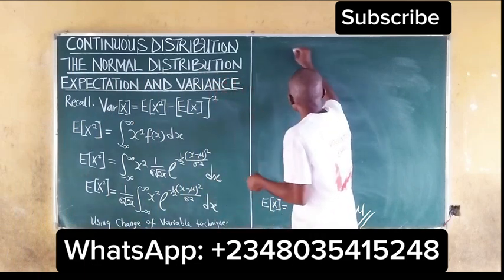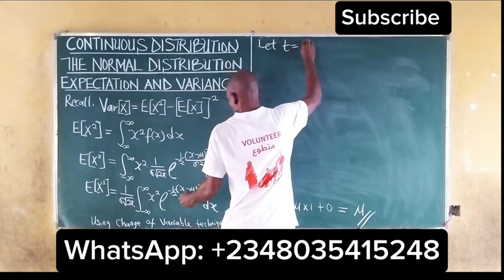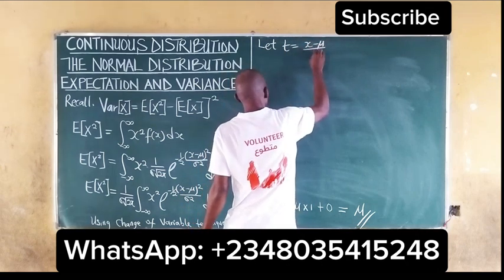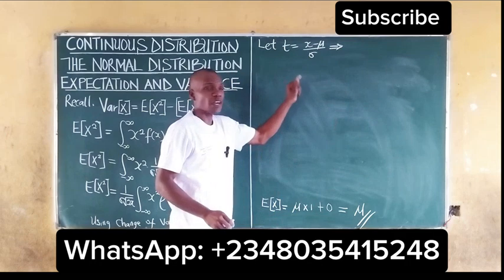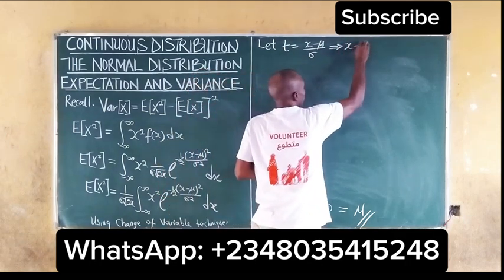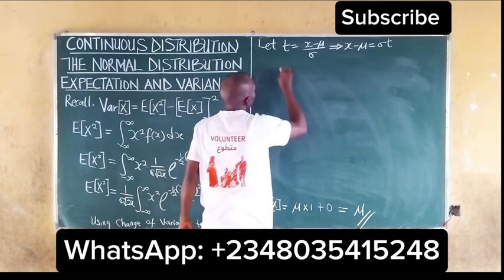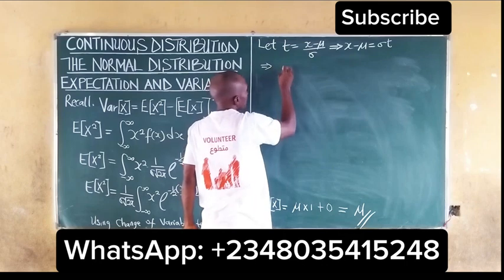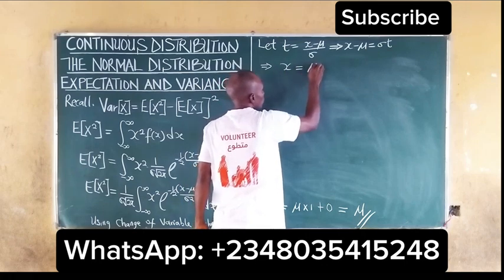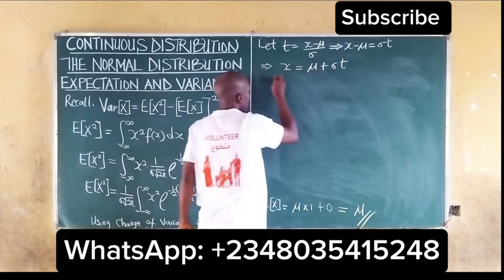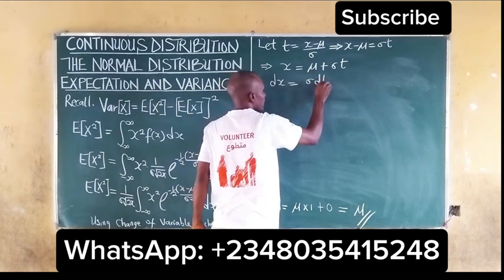So moving over to this side, we said let t be equal to x minus mu all over sigma, which implies, since you are using the change of variable technique, that x minus mu is equal to sigma t, which also implies that x is equal to mu plus sigma t, and dx is equal to sigma dt.